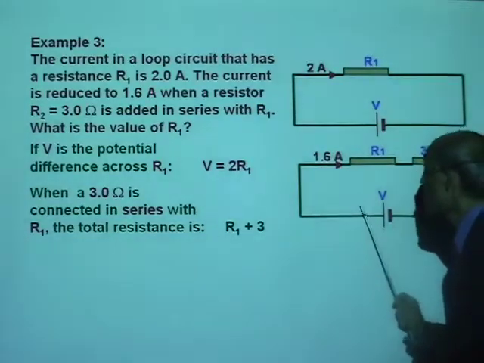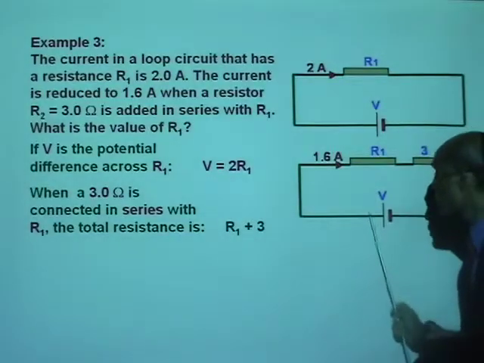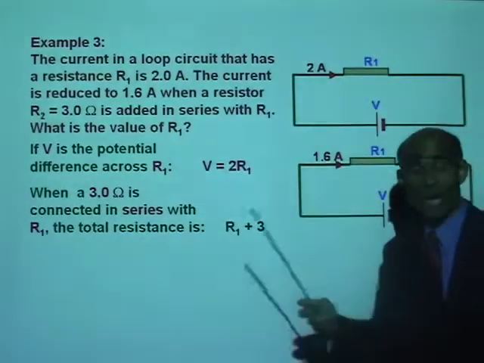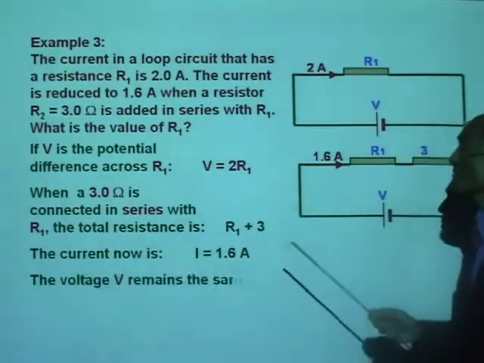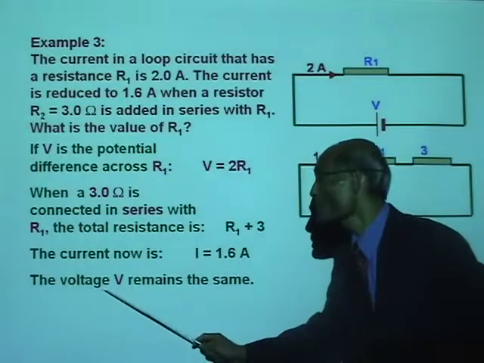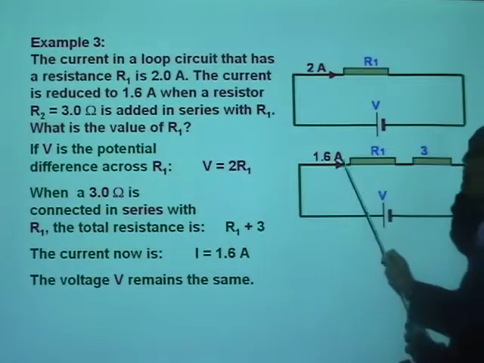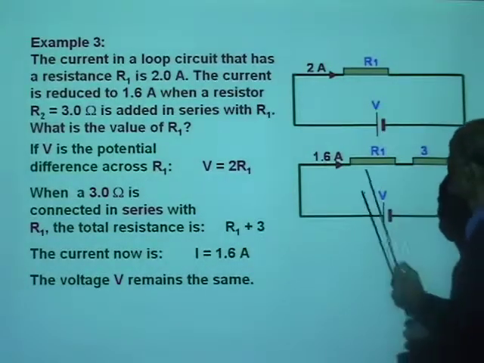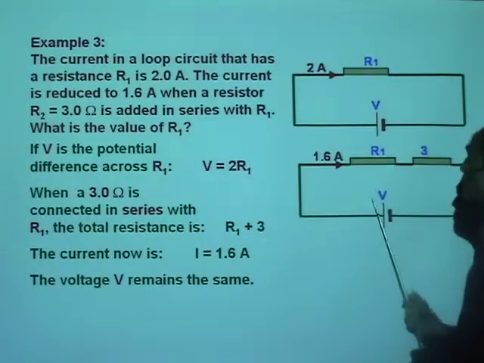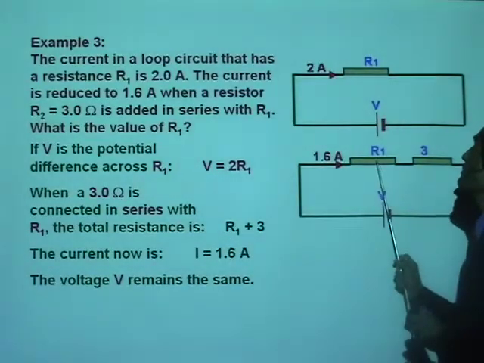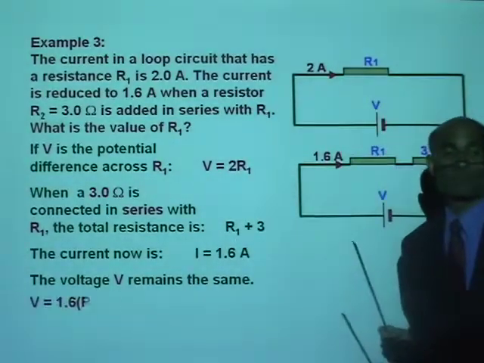Now, has the total potential changed? No, the total potential is provided by the cell. That hasn't changed. So the current now is I equal to 1.6 ampere. But the voltage V remains the same across the combination. And that voltage V is provided by the cell. So can you write an equation for this voltage V when the total resistance now is R1 plus 3?